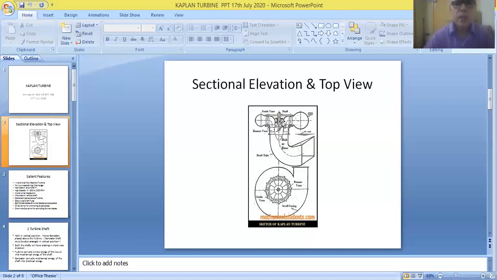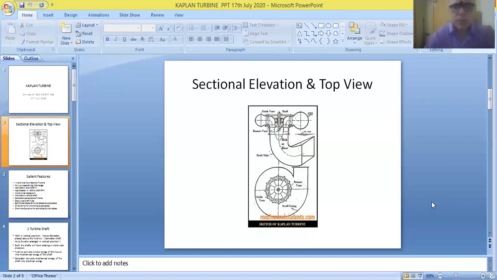So this is the rectangle used for indicating the shaft of the turbine in sectional elevation, and this smallest circle is used for indicating the shaft of the turbine in the top view of the machine.